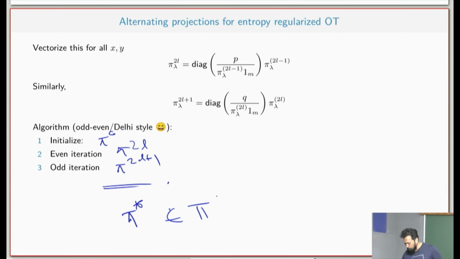It will belong to the one with P and Q, and it is the one that is minimizing your KL divergence also, because KL divergence is eventually linked to the OT problem. So there is a connection. It is not only going to the intersection, it is also solving our OT problem.